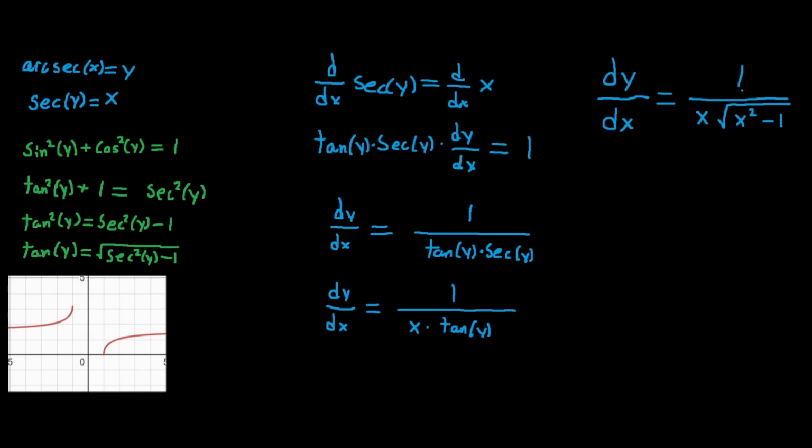And you kind of have to observe the graph of arcsecant of x itself here. So if you look down at this graph I pasted in the bottom left corner from Desmos, I just graphed arcsecant of x, and you'll notice the derivative, or well, the slope or the gradient of this graph is actually never negative. But using this formula we've developed over here, we could get a negative slope.